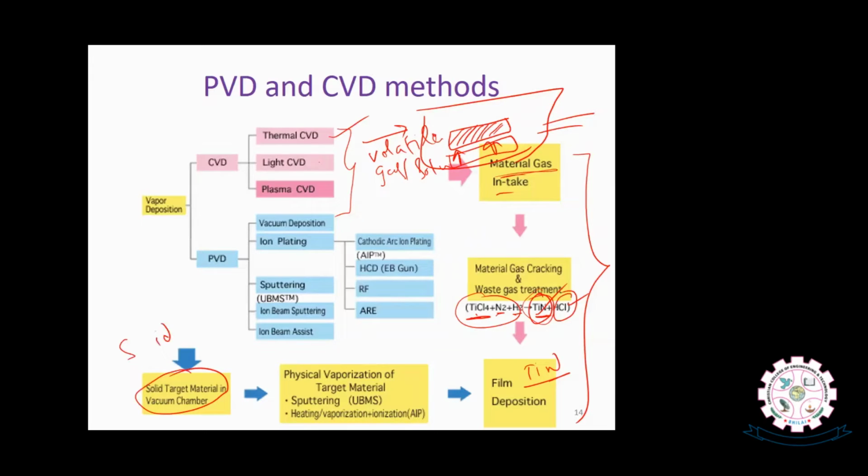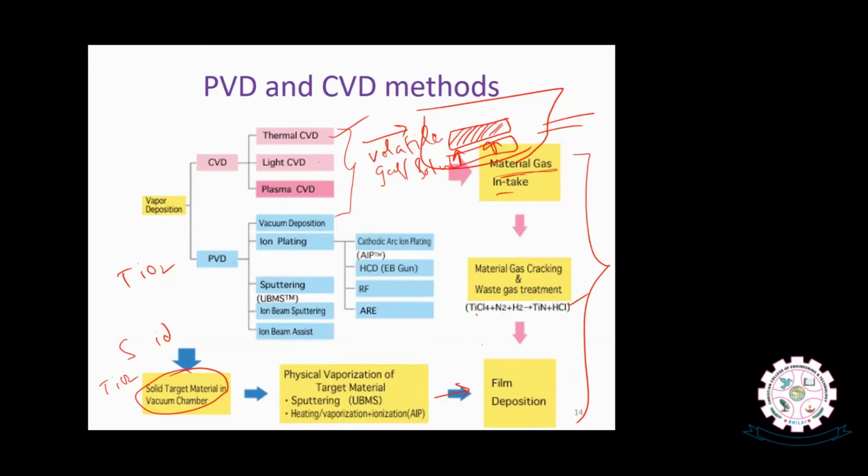Suppose I want to deposit TaO2. I start with the TaO2, and I vaporize the TaO2 molecules here. And this vapor, I make sure it falls onto the substrate again, so that I will be able to make a TaO2 thin film there.